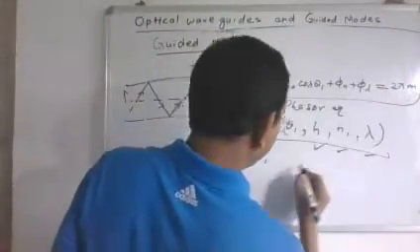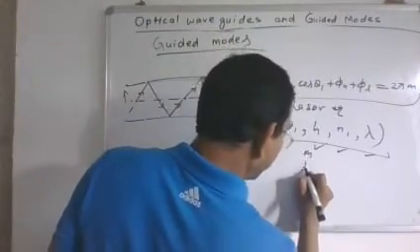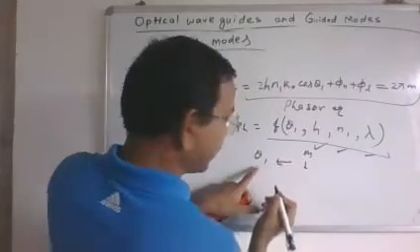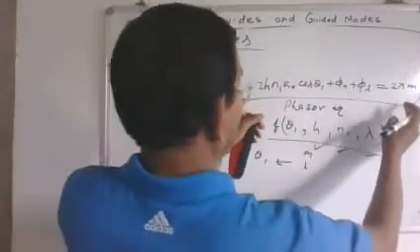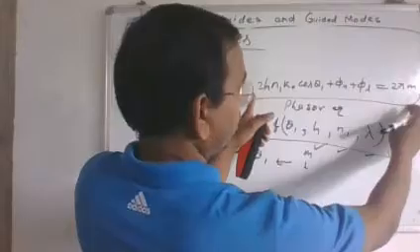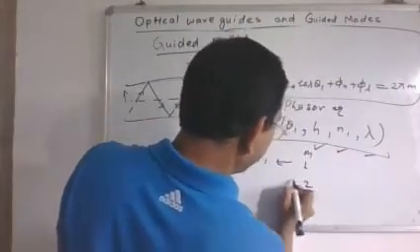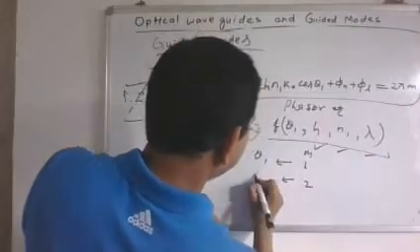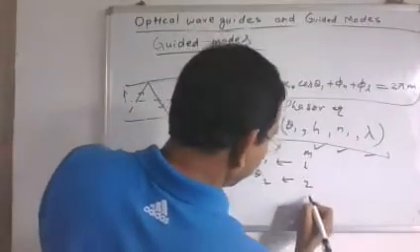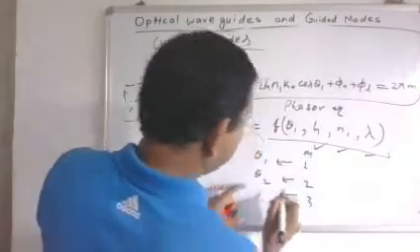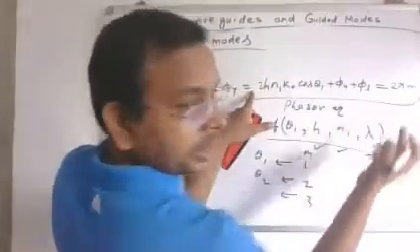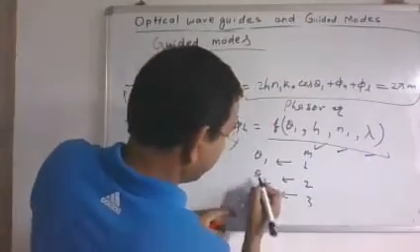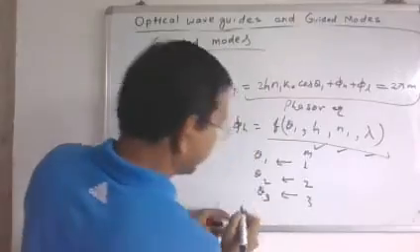So m equal to 1 corresponds to some angle theta 1, and this equation is fulfilled. Now suppose m is equal to 2, and this equation is satisfied for another angle, say theta 2. Again for m equal to 3, the phasor equation is satisfied with some angle theta 3.